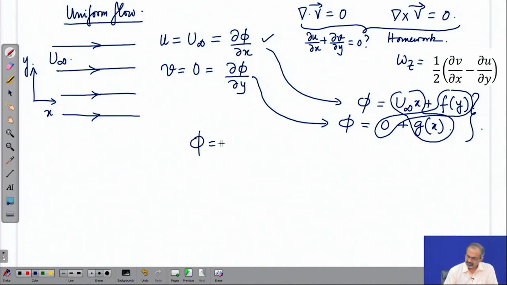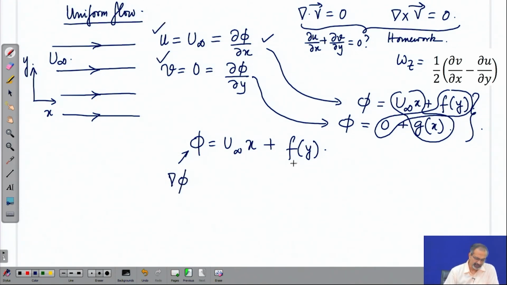Okay. So, finally, you get a description like this: phi is equal to u infinity x plus f y. Now, remember that whenever we want to extract the velocity field details from phi, we have to take gradient of phi, because only from gradient we can extract u's and v's. That means, the moment you take the derivative, then this constant will basically vanish.